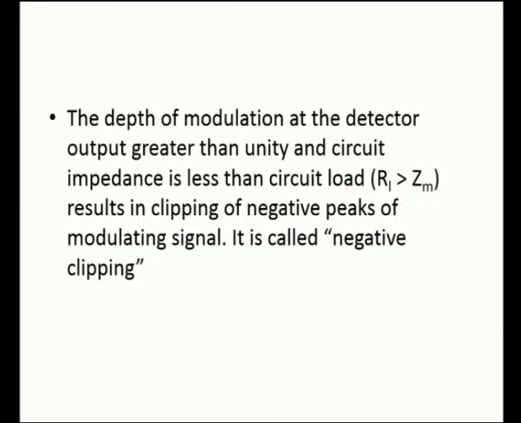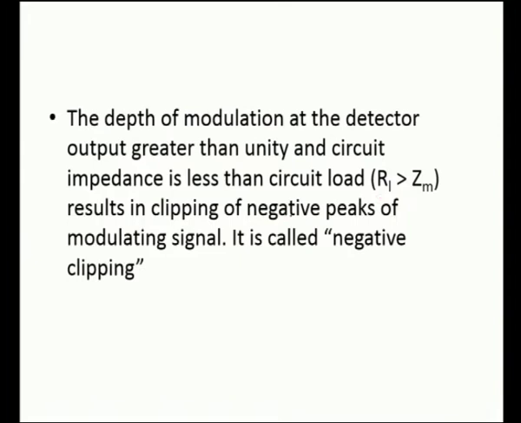This is called negative clipping. So, to reconstruct exactly, you should be careful with RL and with RC. While selecting your circuit load, a very large RL should be available, and the time constant RC should be carefully chosen so that it can follow the message signal.